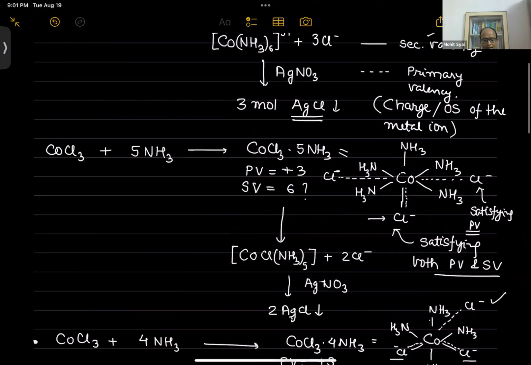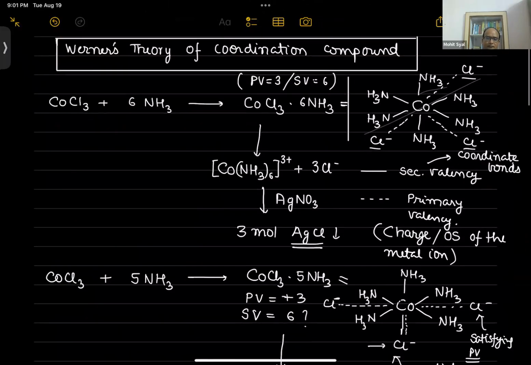Also, if we get back to our original compounds, which Werner used to illustrate his theory, you can see here that this is 1:3. Sometimes they give the ratio of cation and anion, and they write electrolyte. One to three electrolyte.